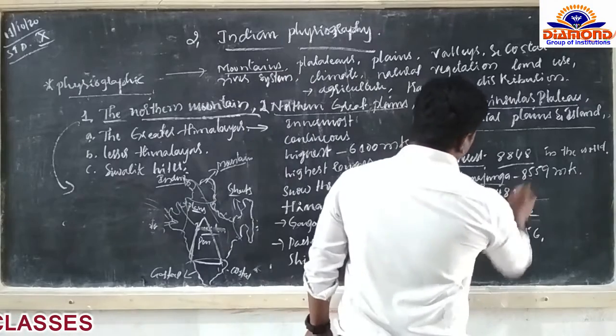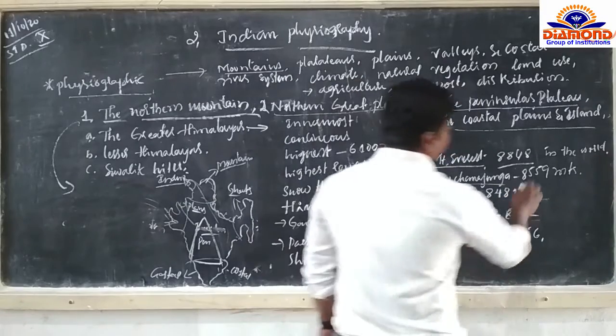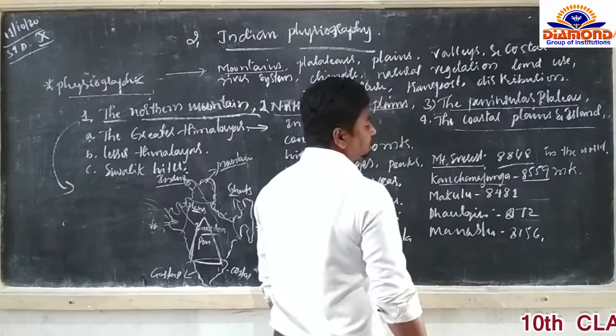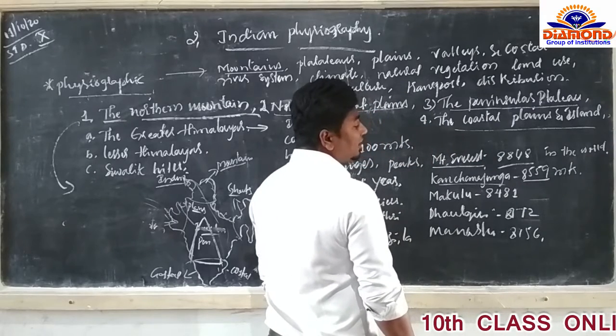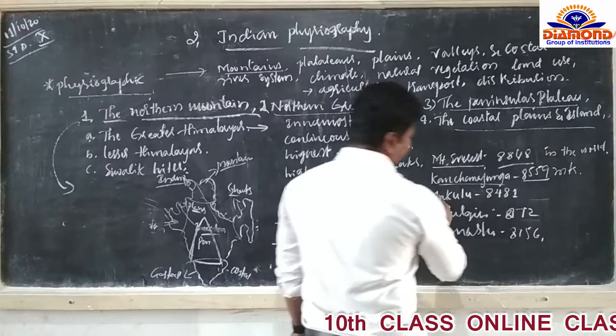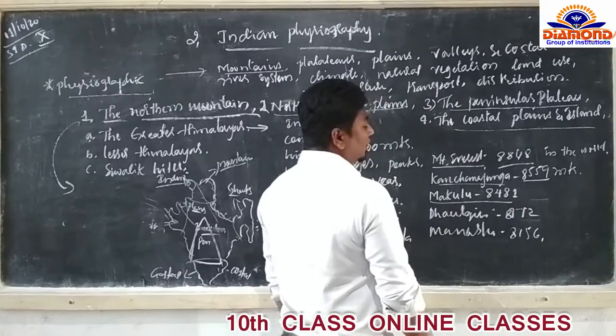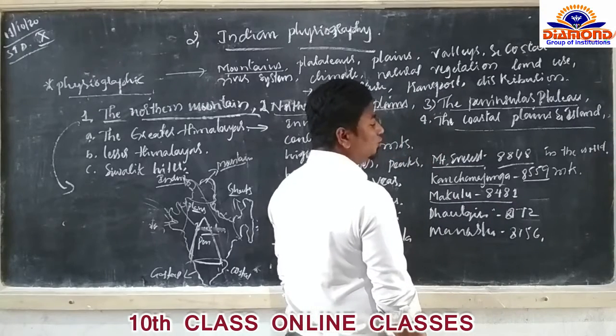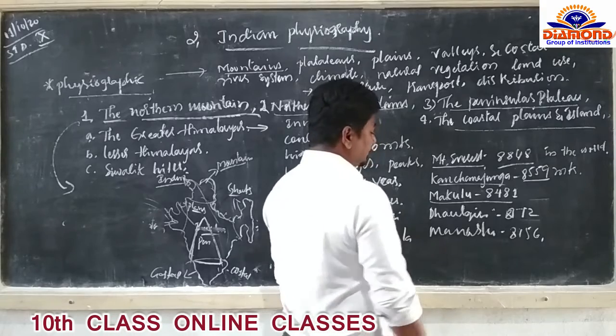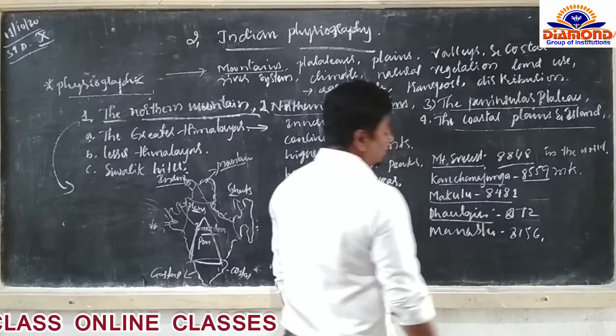Then there is Kanchenjunga, at 8,559 meters of height, and Makalu, at 8,481 meters. Then Nanga Parbat, at 8,172, and Manaslu, at 8,156.